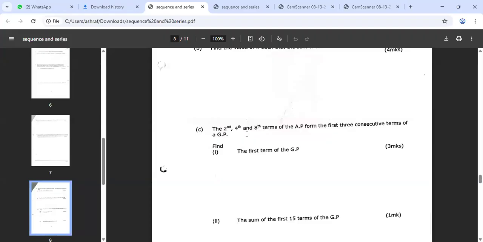The second, fourth, and eighth terms of the AP, so it means the AP above, form the first 3 consecutive terms of the GP. Find the first term of the GP. So what is the first term of the GP?